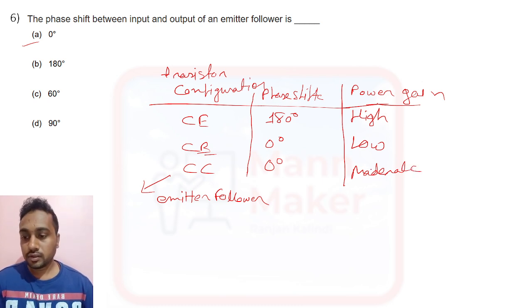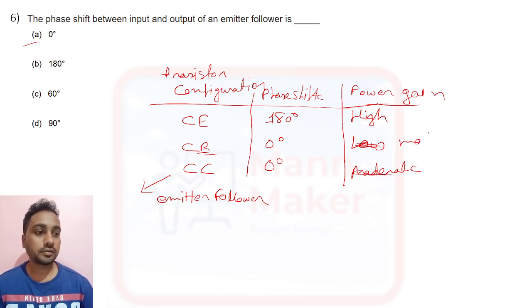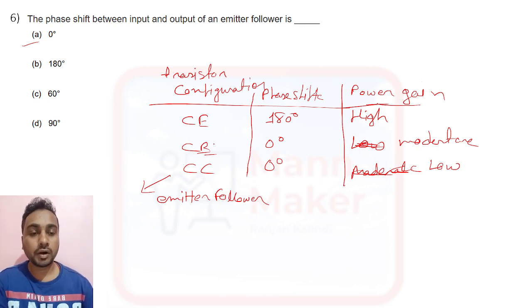Make a correction: the power gain of common emitter is high, the power gain of common base is moderate, and the power gain of common collector is low. This is the answer.